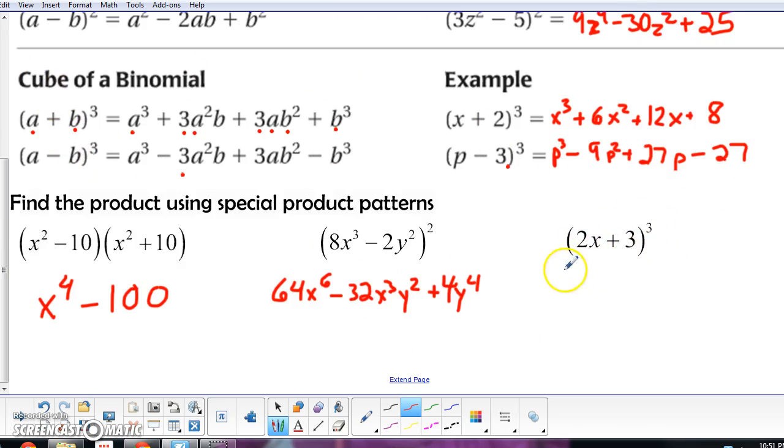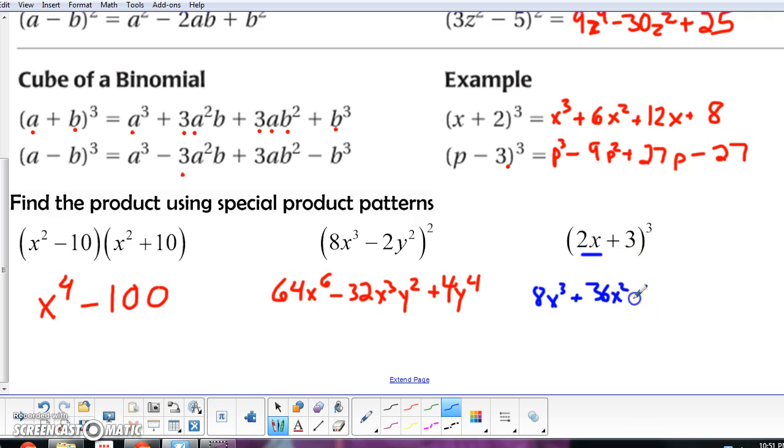If I cube 2x plus 3, I start by cubing the first term, which is 8x cubed. And then I take 3 times the first term squared. Well, that's 4x squared. Times 3 is 12x squared. Times the second term is going to be another 3, so that's going to be 36x squared.